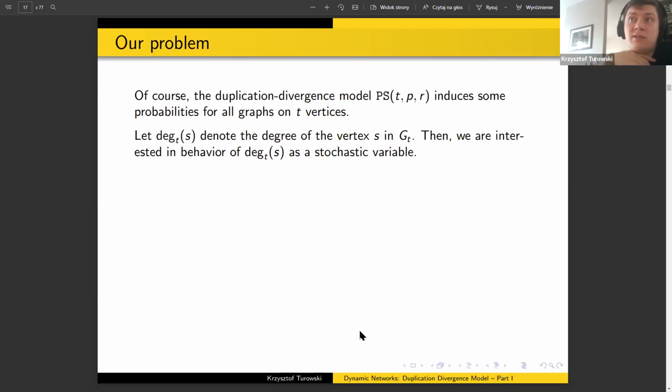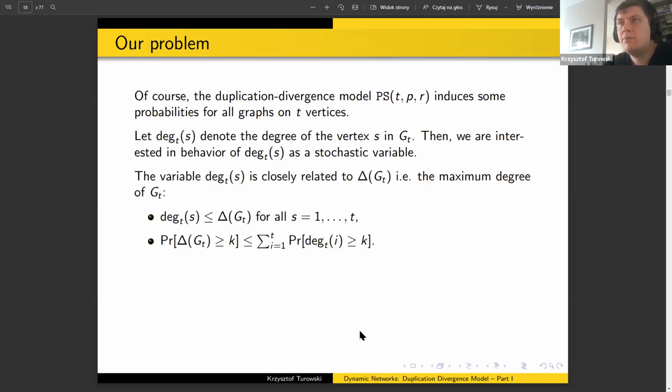And then we can define random variables as we do all the time in probabilistic calculus. Here, I will denote by degree_t(s) the degree of the vertex with number s, that is coming as the s-th vertex, in graph G_t, which was generated from this model. Of course, this variable is stochastic, and we can analyze its statistics as with any stochastic variable.